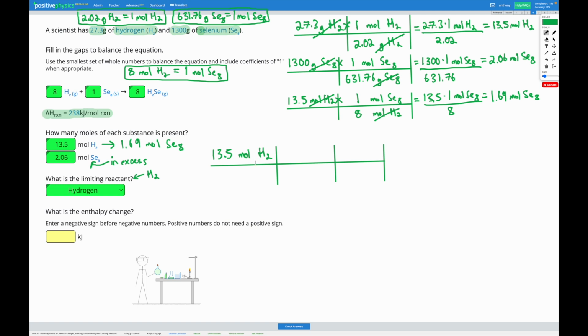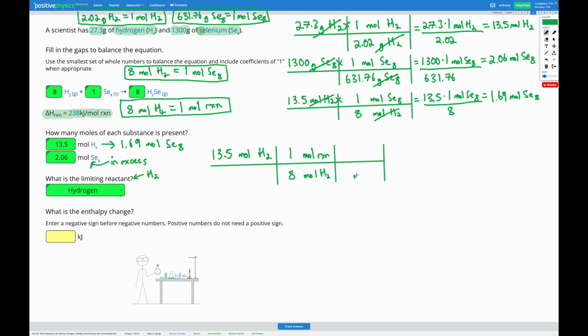First, we're going to need to convert from moles of H2 into moles of reaction. Looking at our reaction, we can see we have 8 moles of H2 in 1 mole of reaction. So that's going to be our conversion factor for this first part: 8 moles of H2 in 1 mole of reaction.